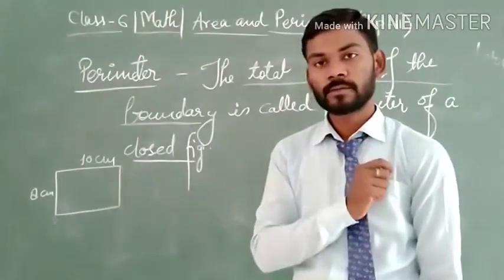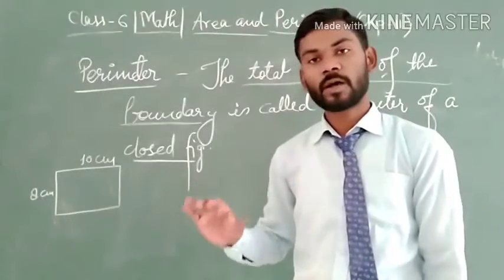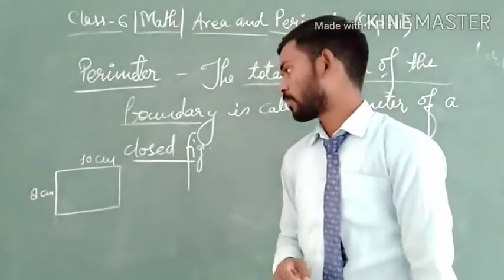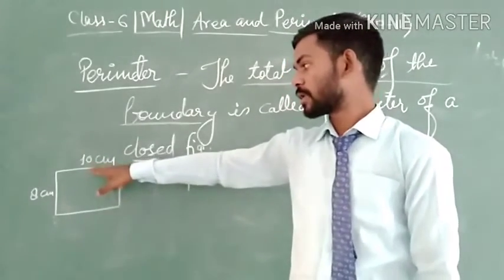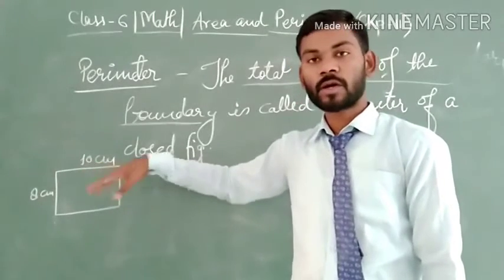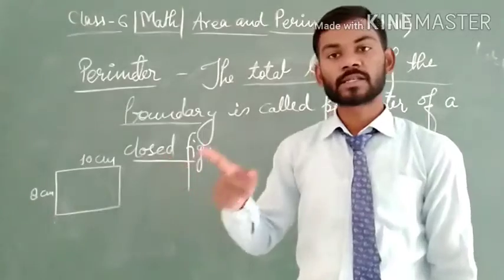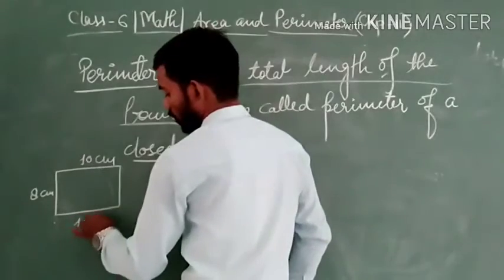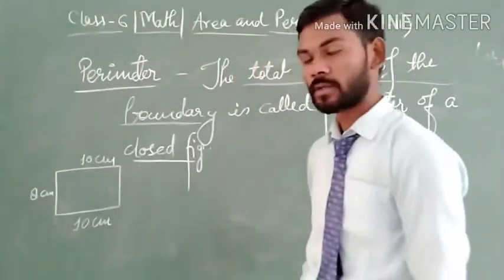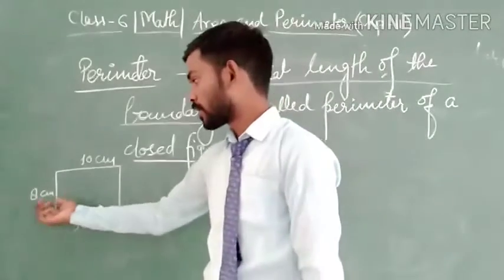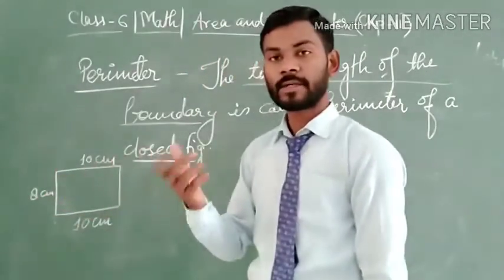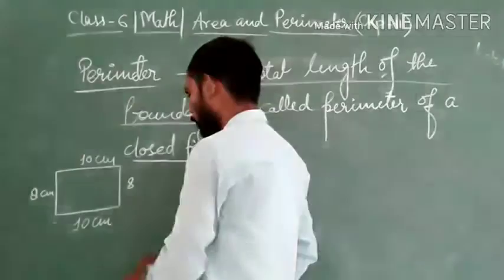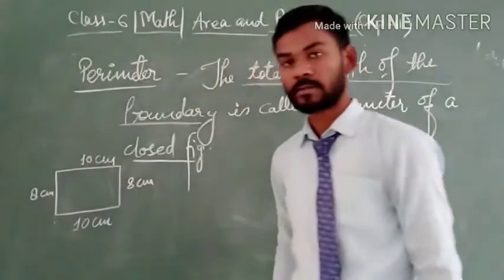Since we know that the opposite sides of a rectangle are of equal length, if this side is 10 centimeter, then it is obvious that this will also be 10 centimeter, and this side is 8 centimeter and this is the opposite, that is why this will also be 8 centimeter.